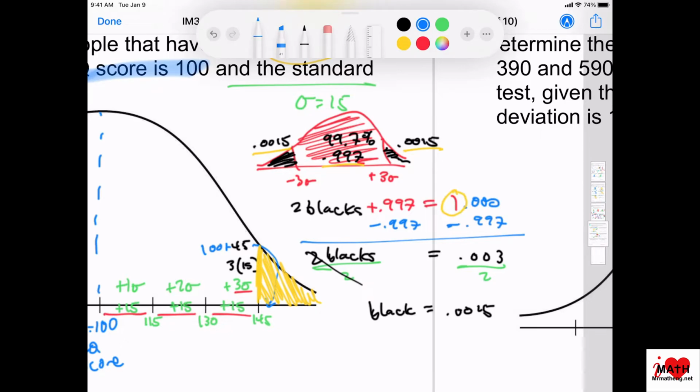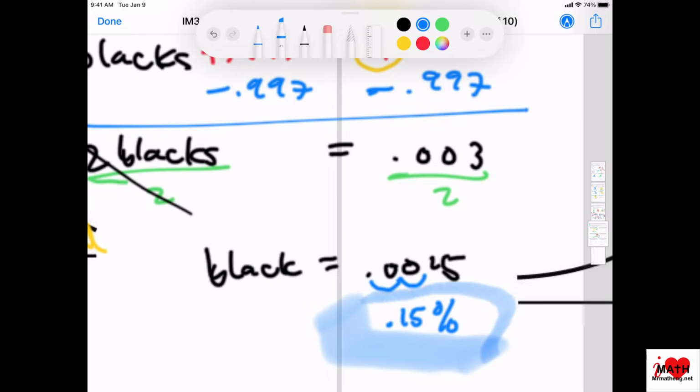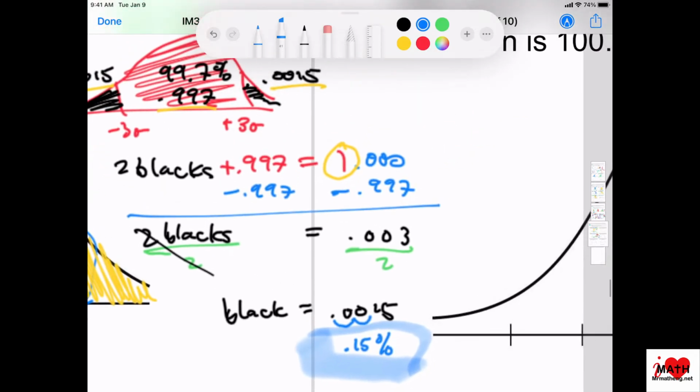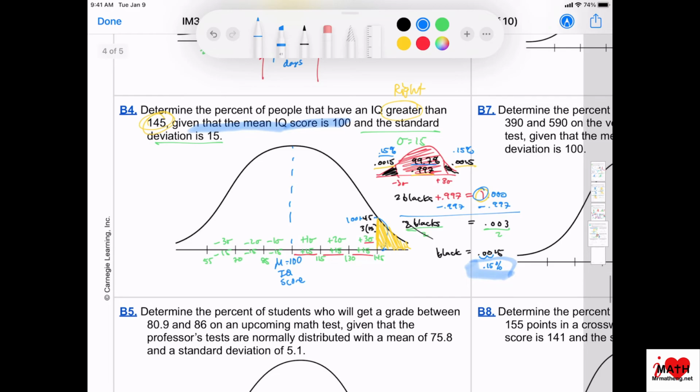If you go from a decimal to a percent, you multiply the number by 100. You can just move it 2 decimal places, and you'll get 0.15%. And this is our answer, right, because 0.15% plus 99.7% plus 0.15% will equal 100%. That is our answer for B4.